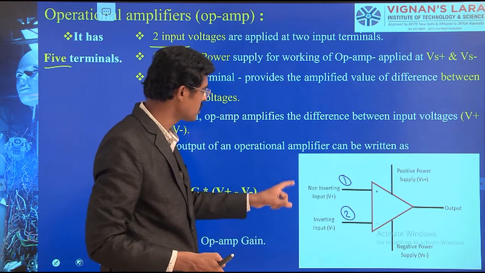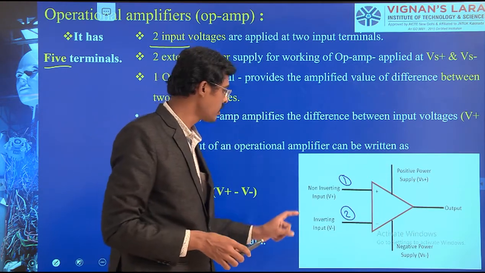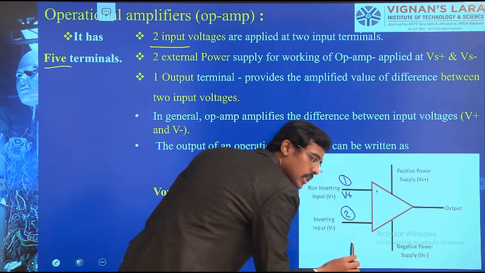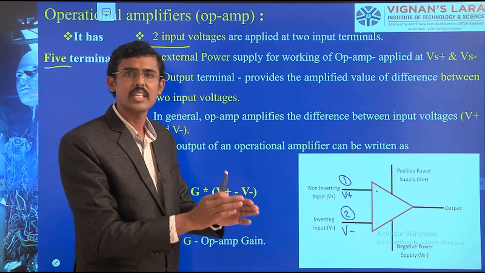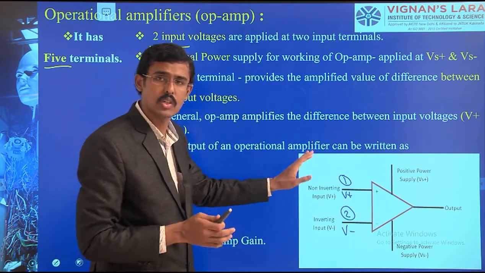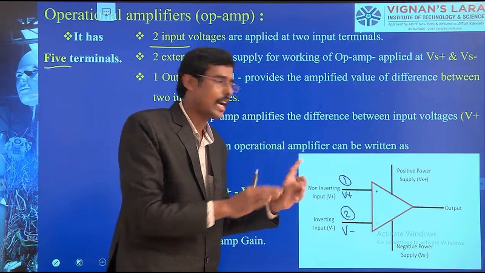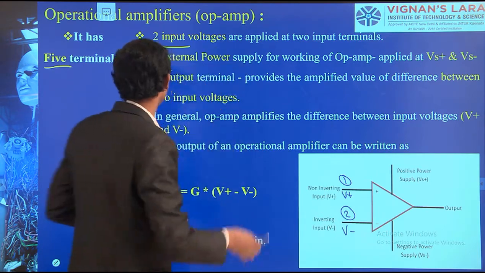Here I have given the non-inverting input V plus and the inverting input V minus. It does not mean it is positive, it does not mean it is negative. It is a representation of 2 values; just for symbolic purposes I have taken one as plus, and just for symbolic purposes I have taken the other as minus.